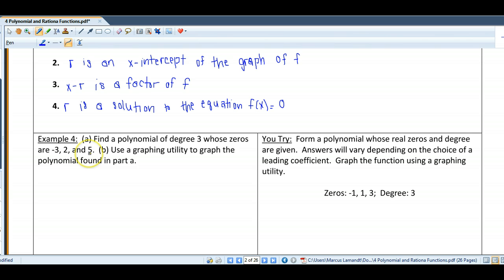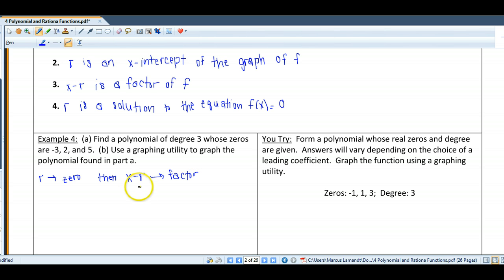If r is a real zero of a polynomial f, then x minus r is a factor.